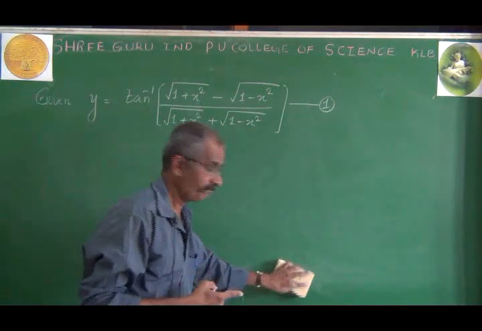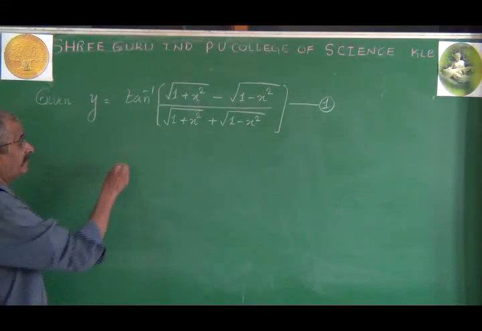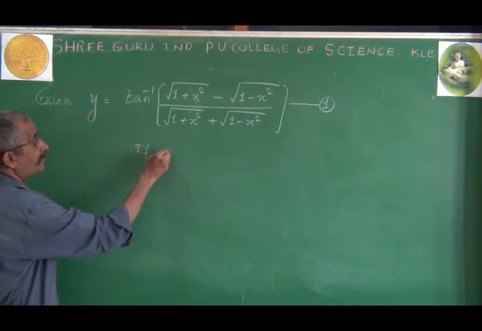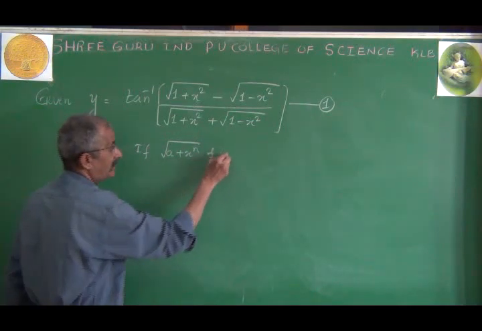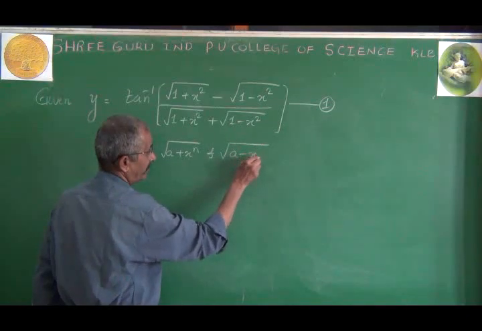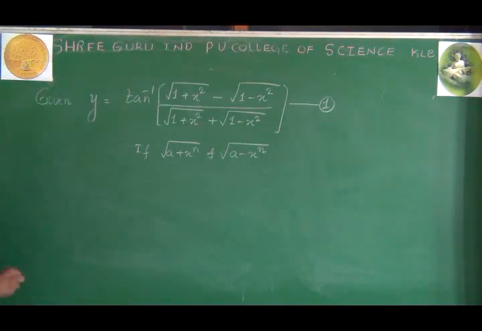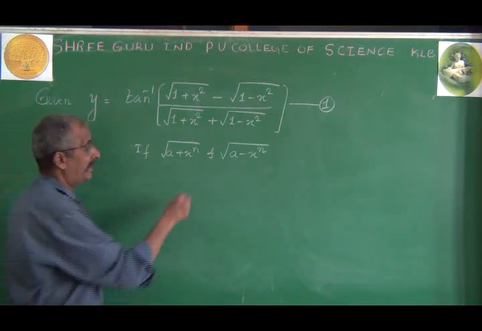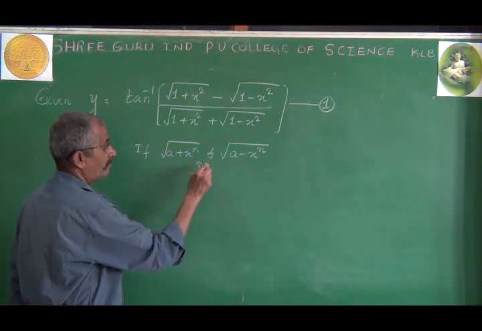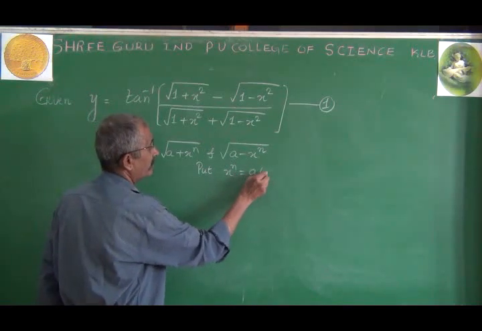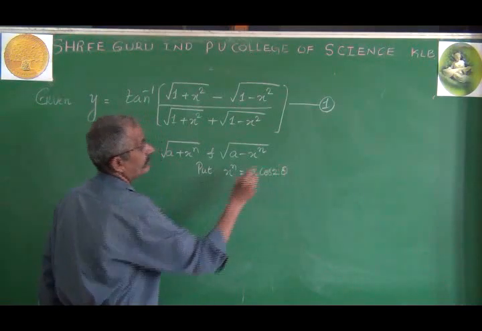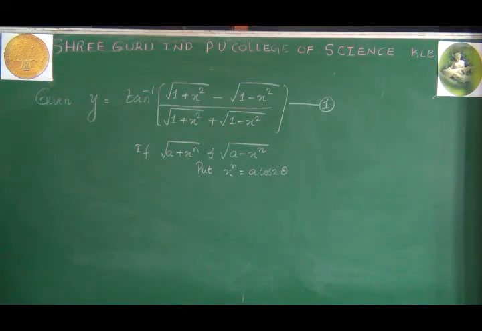By referring to that table, you see that if there is a presence of root of a plus x power n as well as root of a minus x power n, if these two terms occur together, then the ideal or better substitution is to put x power n equal to a cos 2 theta. Even you can put x to the power of n equal to a cos theta also, no wrong in that.